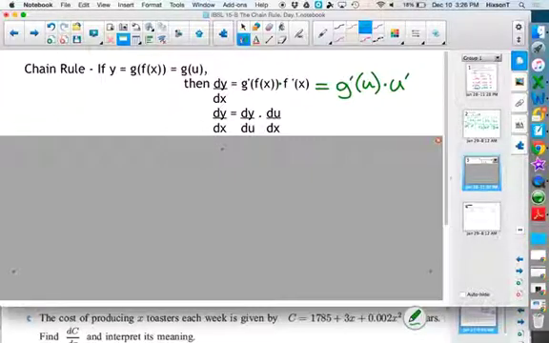Now notice, when we take a derivative with respect to x, all of the x's stay x's in our answer. Here, when we take the derivative with respect to u, all of the u's stay u's in our answer.